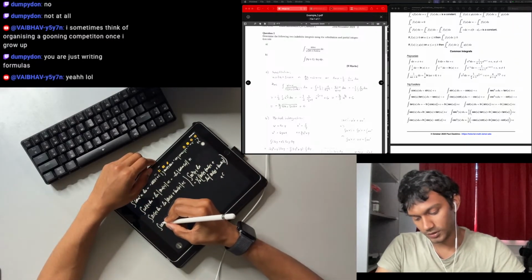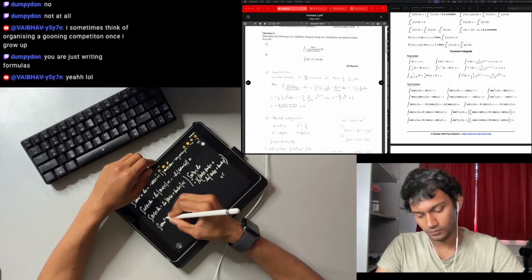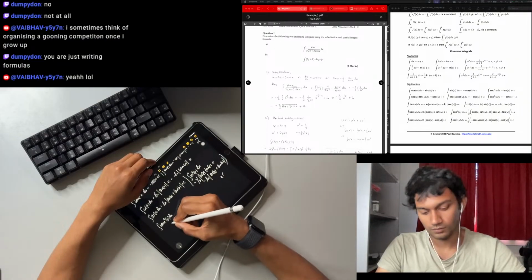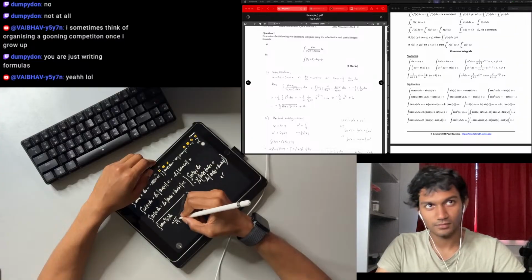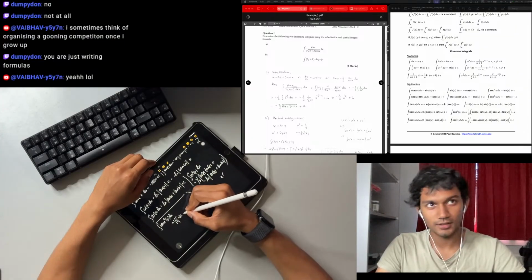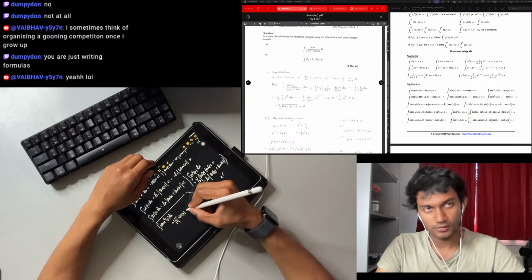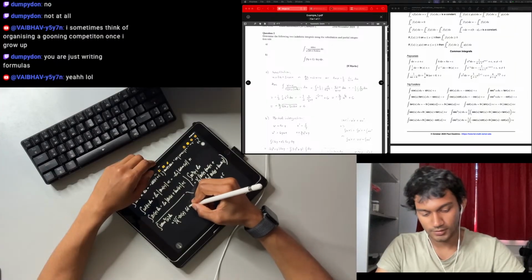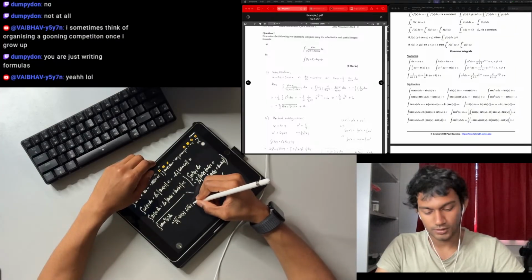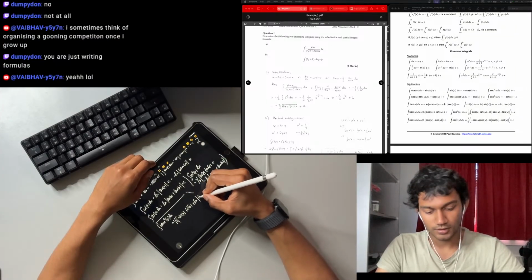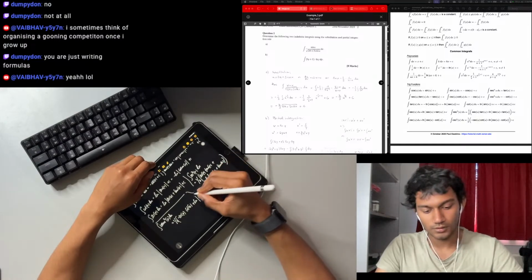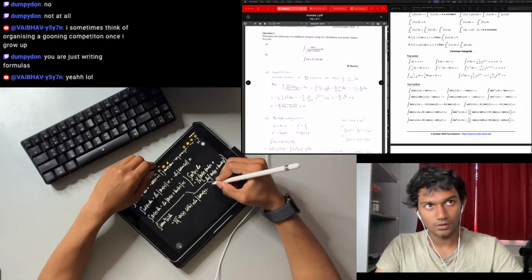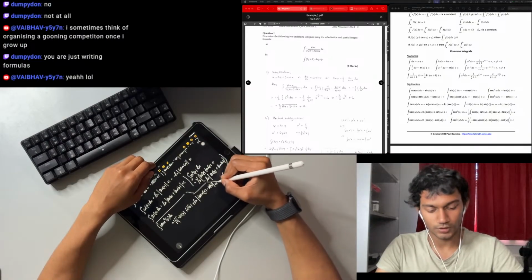Integral of cosec cube: cosec u cot u plus log of cosec u minus cot u plus c.